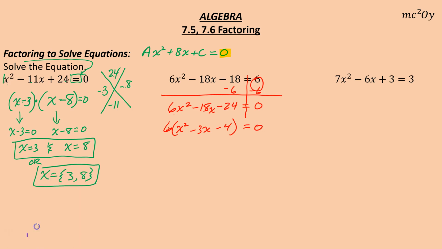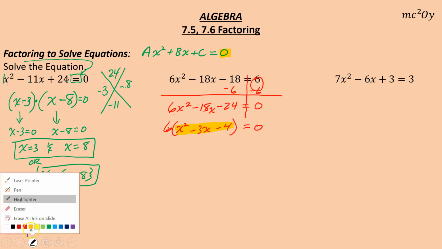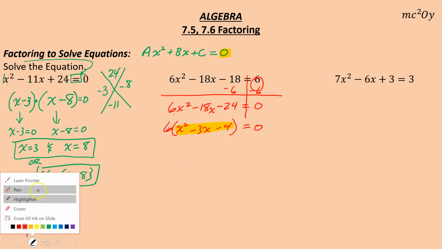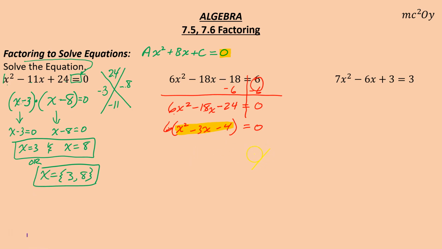And now we are going to focus on factoring this piece. So two things that multiply to make negative 4 and add to negative 3.